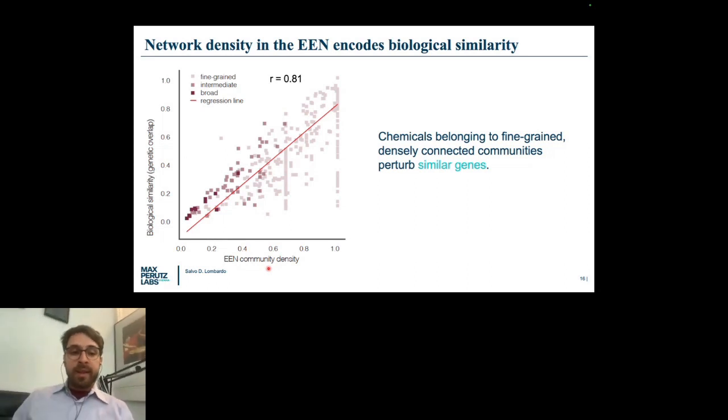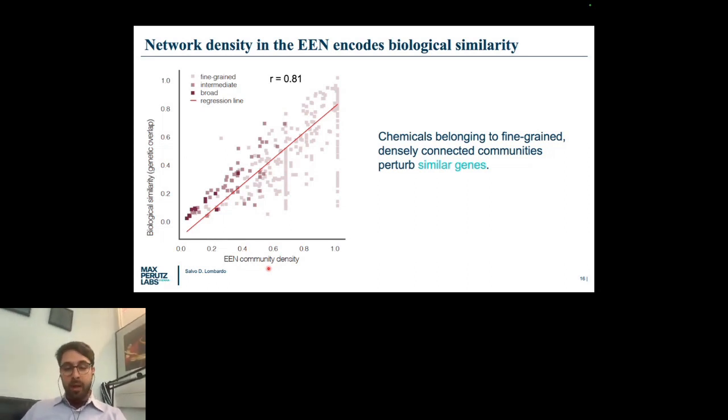And what we found out is that there is really a nice direct linear positive correlation of network density and biological similarity, which means that when we look at the higher, very densely connected modules or communities in these networks, these tend to be small communities belonging to fine-grained communities, and they also tend to have a higher genetic overlap, so that chemical exposures belonging to the same community tend to perturb the same genes.